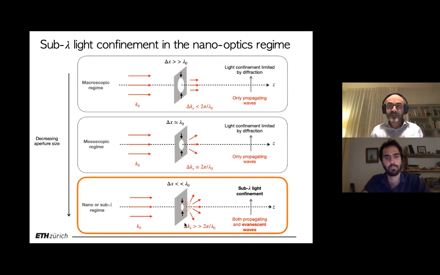The direct consequence is that in the vicinity of this aperture, what we call the optical near field, we will not be subject anymore to the diffraction limit. It would be possible in this region to concentrate the light well beyond a fraction of the wavelength. So this is the first feature of nano-optics.